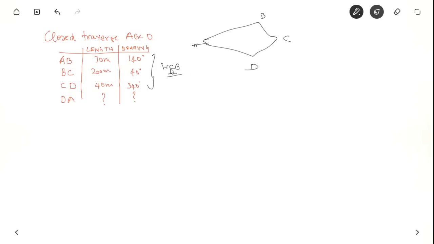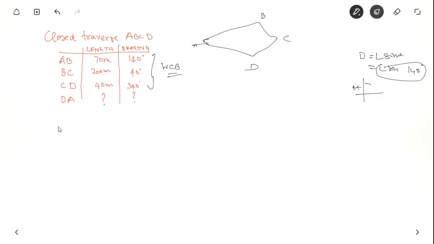It is not necessary that you have to convert into reduced bearing, because departure is L sin theta. You can directly use L sin 140 degree, or you can convert it into reduced bearing terms, find the sign and then use it. Both will give you the same answer. So here you can directly use it.